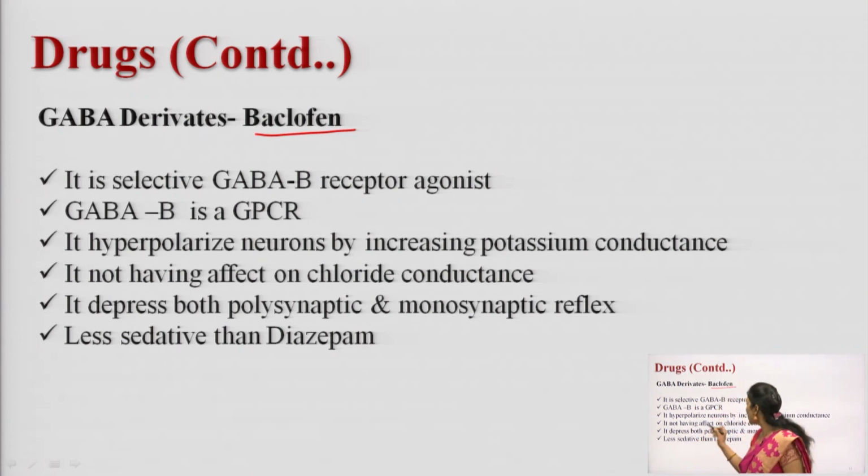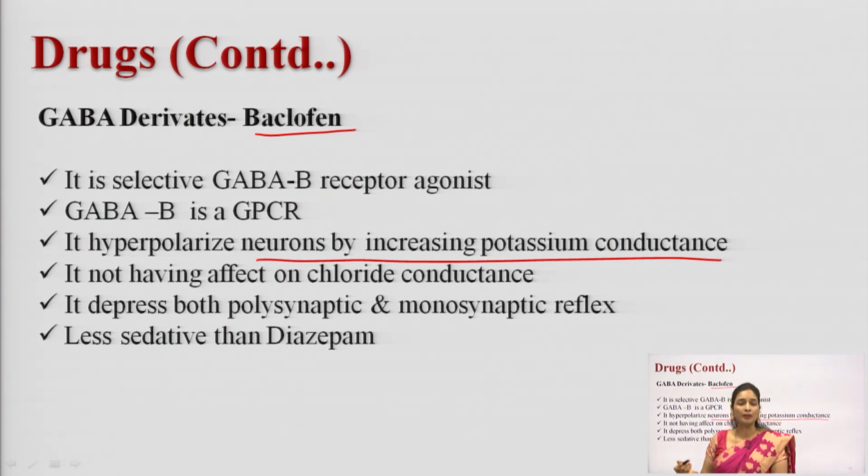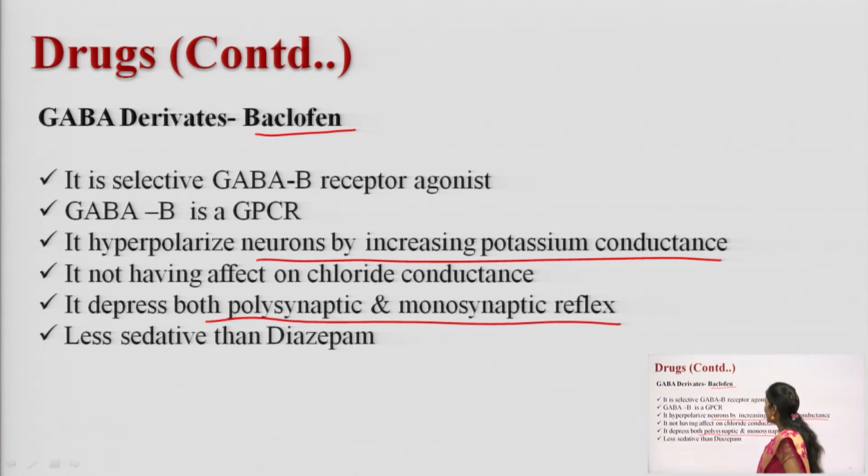It hyperpolarizes the neuron by increasing the potassium conductance. How does it cause hyperpolarization? It increases the potassium conductance, and by increasing this potassium conductance, it causes hyperpolarization of the neuron. It depresses both polysynaptic and monosynaptic reflexes.